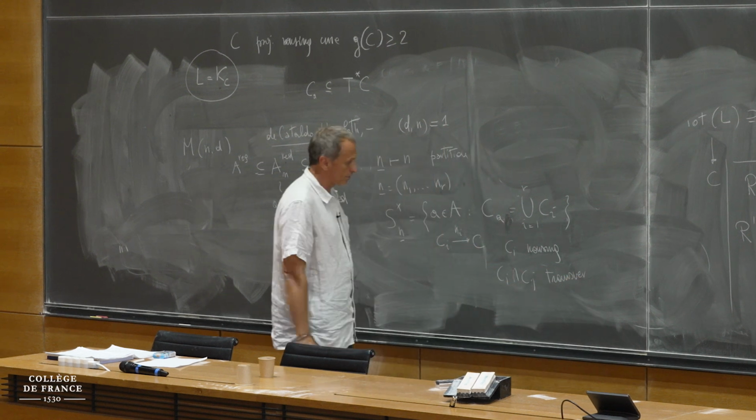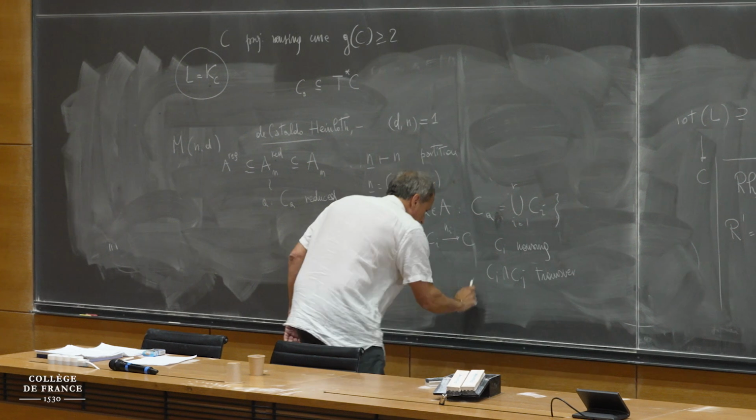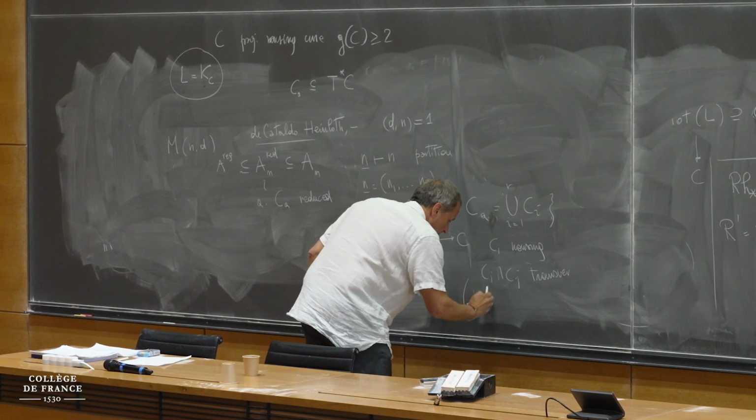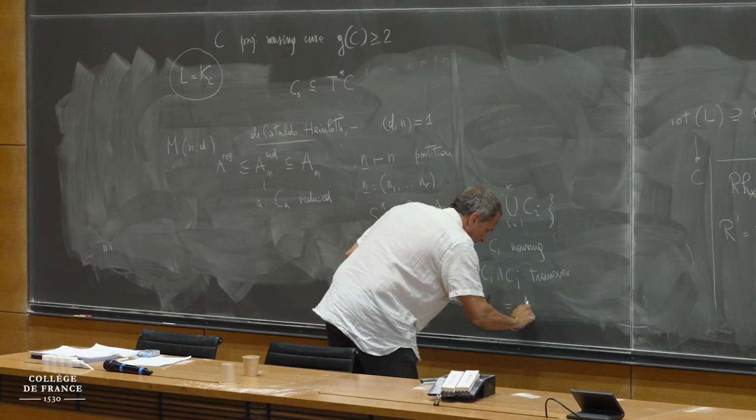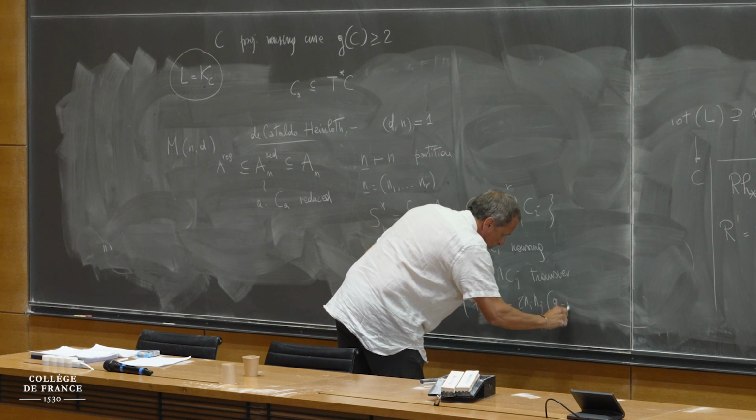So it's a nodal curve with non-singular irreducible components. By the way, the cardinality of this intersection is 2 n_i n_j (g minus 1).